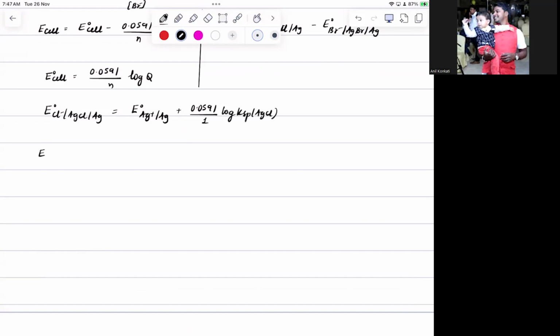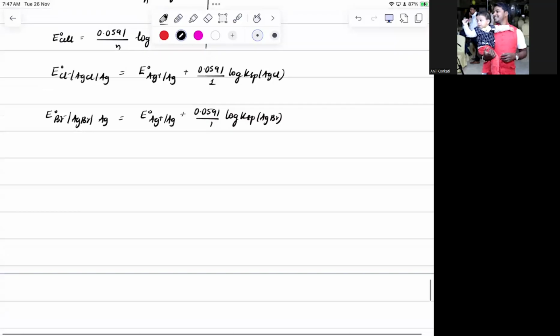Similarly, I can write it for E naught of Br minus to AgBr to Ag, which is equal to E naught of Ag plus to Ag plus 0.0591 by 1 log of Ksp of AgBr.